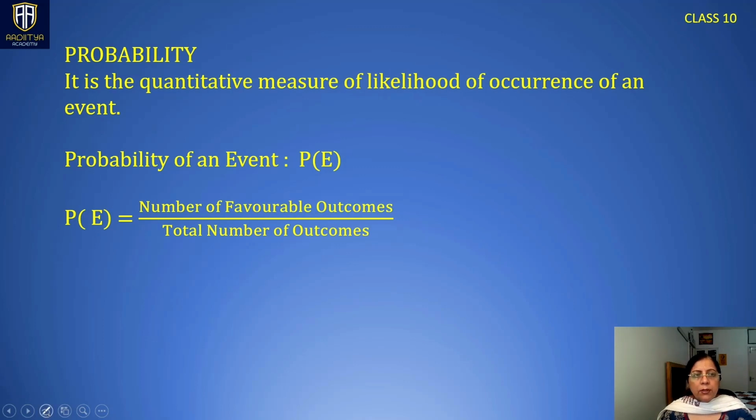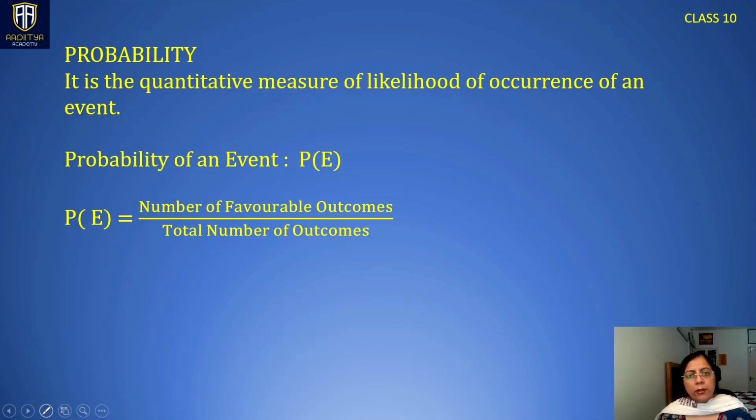Next is probability. What is the exact definition of probability in mathematical terms? It is the quantitative measure of the likelihood of the occurrence of an event. Quantitative measure means here we are going to measure it in exact terms. What is the mathematical value? We cannot have wild guesses, like there are 70% chances of it raining today, or I might go to market today, I may not go to market today.